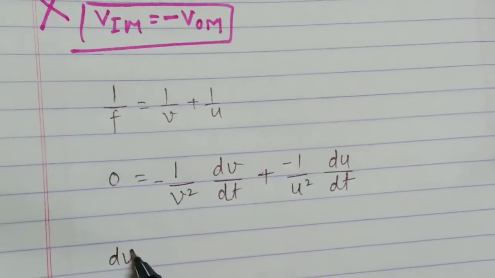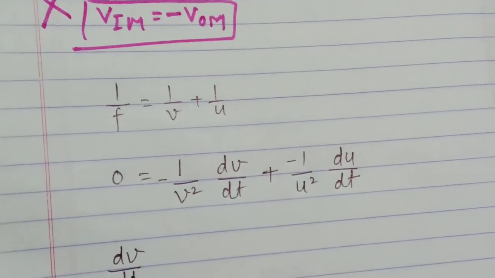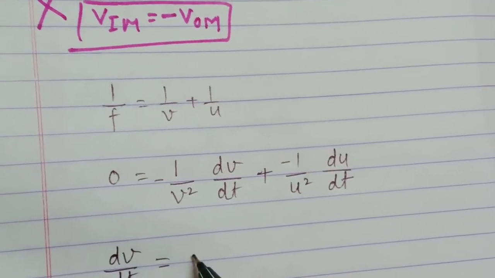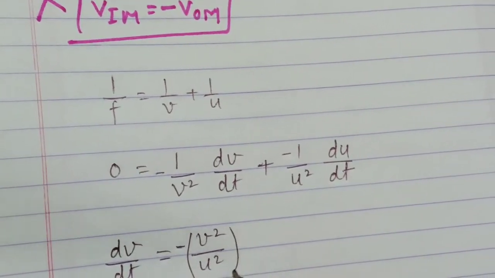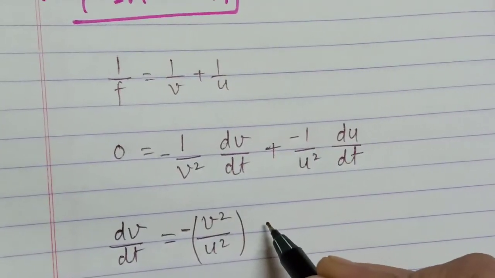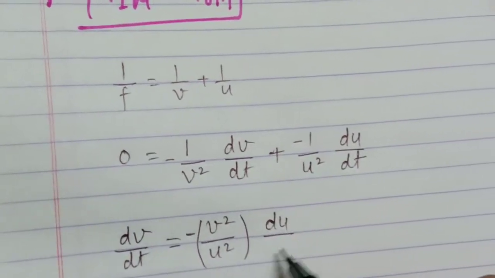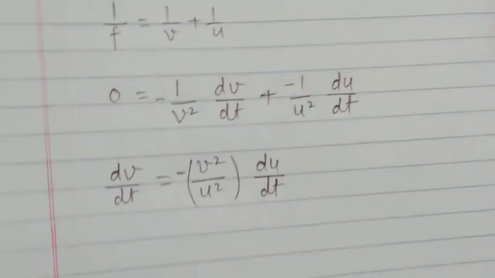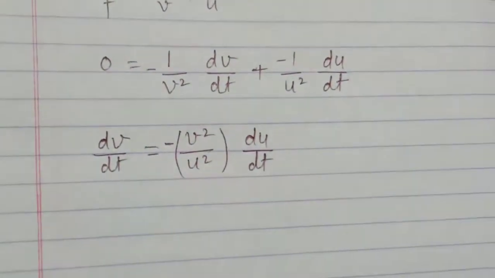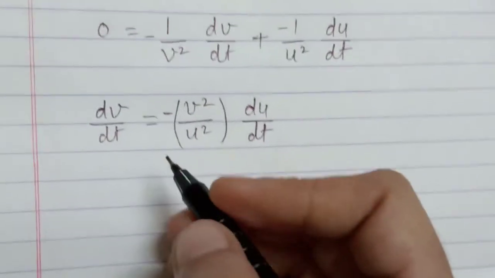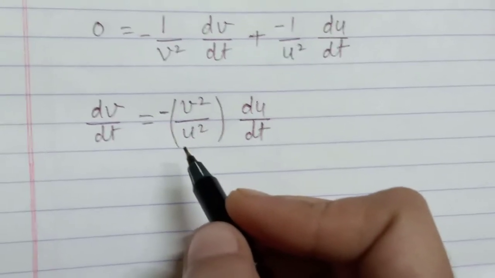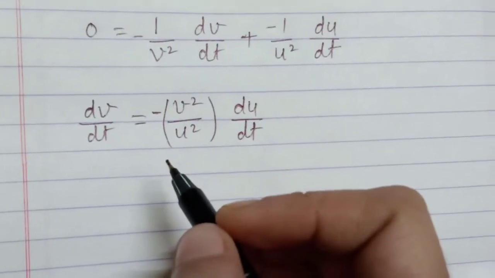So dv upon dt is equal to minus v square upon u square into du upon dt. Do you know how to derive this? I think you know this.